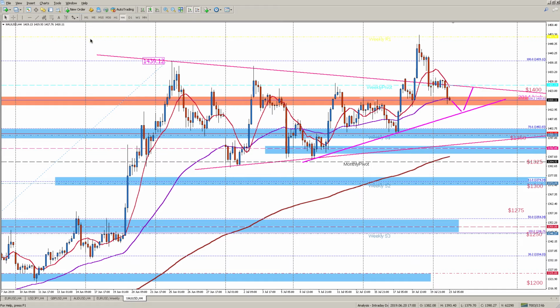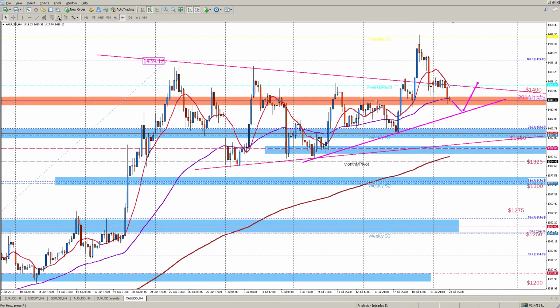And if it does climb up higher, then potentially it could target the 100% fib level where the previous swing high is at 1439. So we'll see the reaction at these key levels.